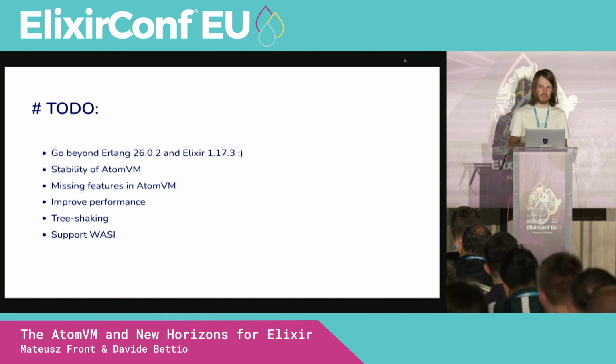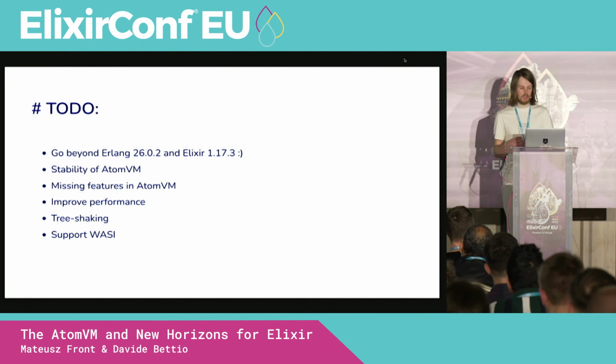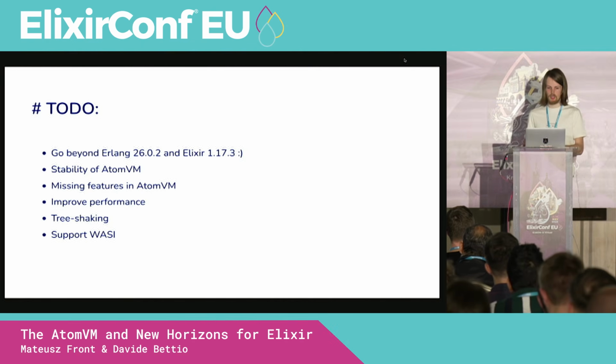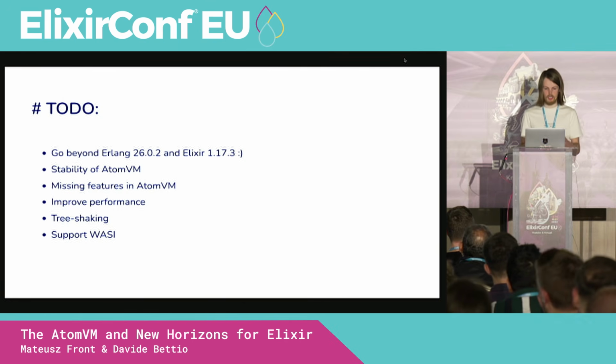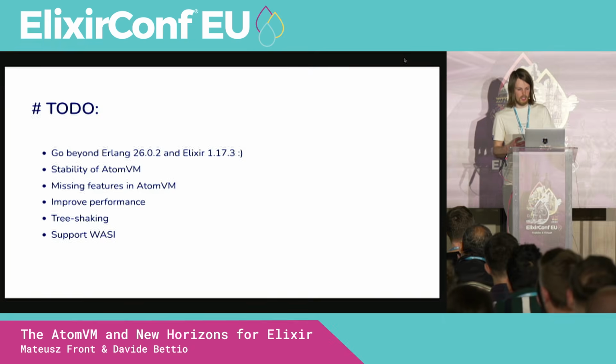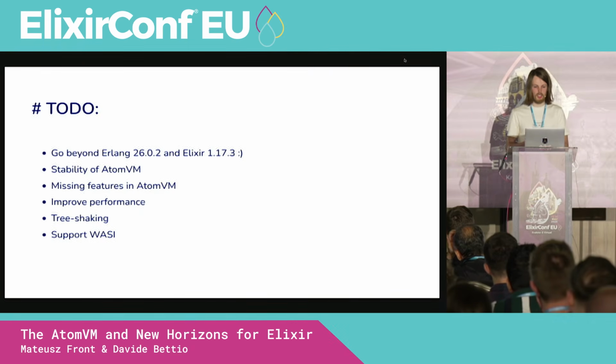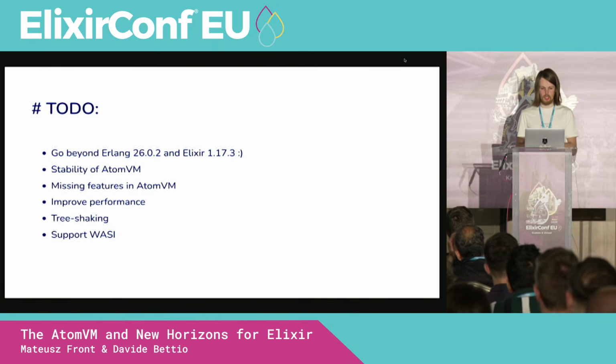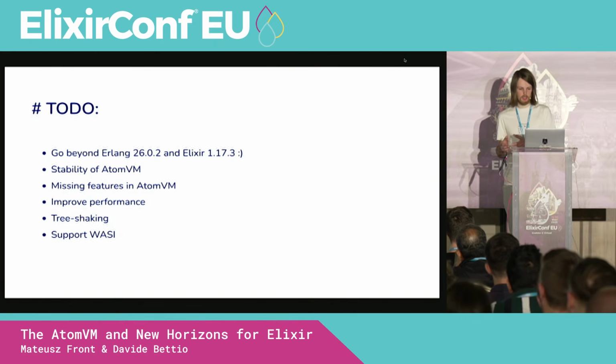What we need to do is only ship the code that is actually needed by the particular project. For IEx, there will be the whole standard library, but for the game of life demo, or any other project that doesn't involve compiling code, it's a very small subset. So we can improve that a lot by detecting what is actually used.